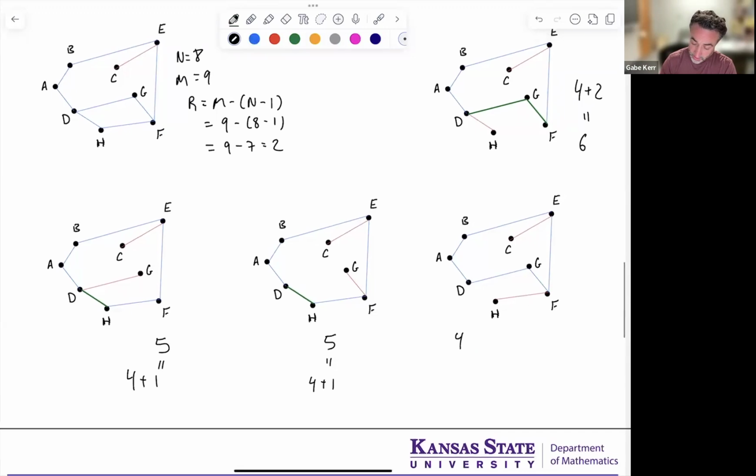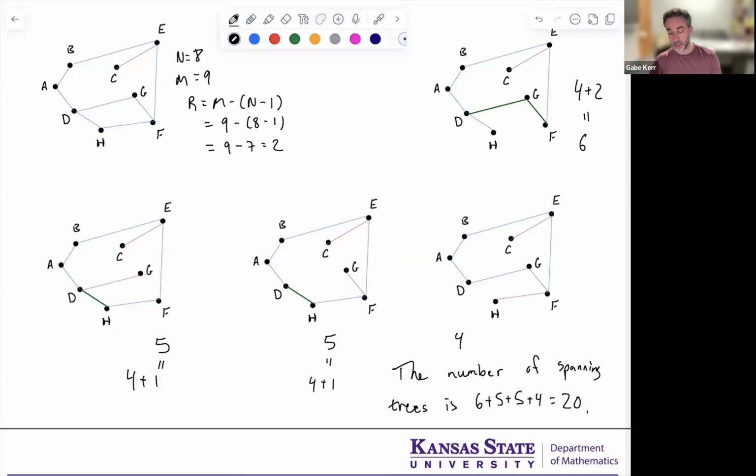Great. So in this case, we can count up all of the possibilities. I get that the number of spanning trees is 6 plus 5 plus 5 plus 4, which is equal to 20.